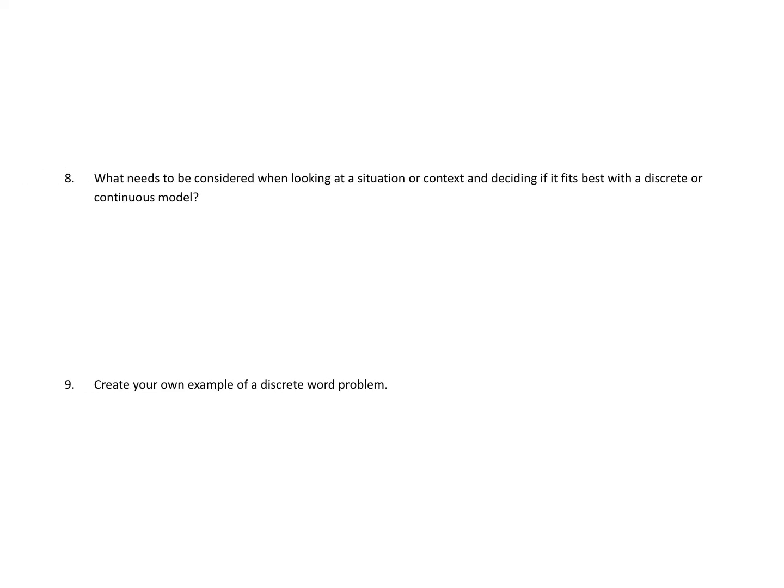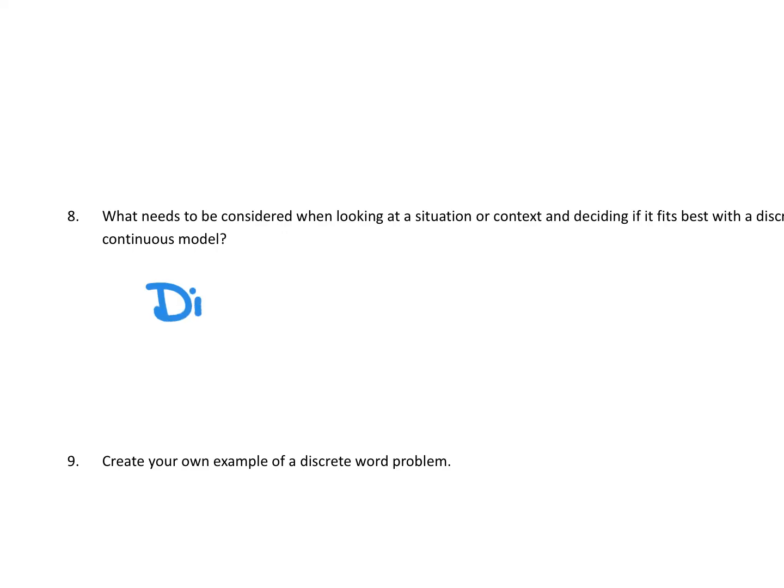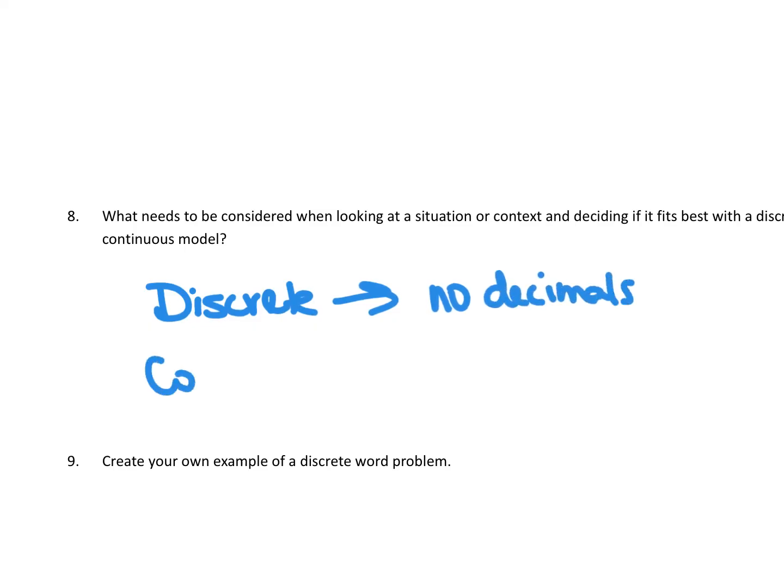For discrete, a quick way of thinking about it is the change happens all at once, it's countable, and we have no decimals. Okay, continuous: the change happens continuously, it's measurable, we do have decimals.